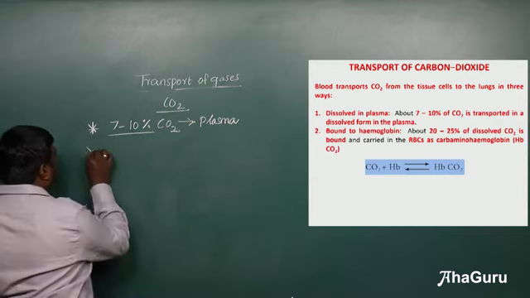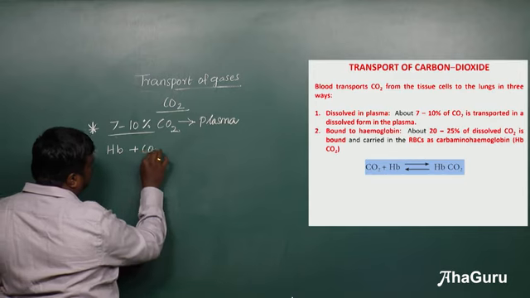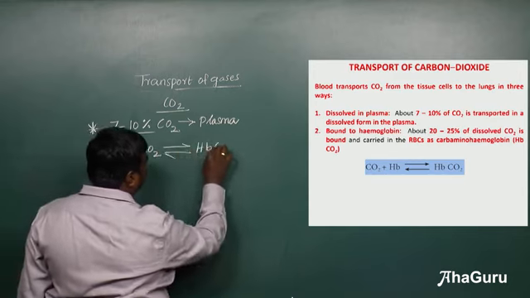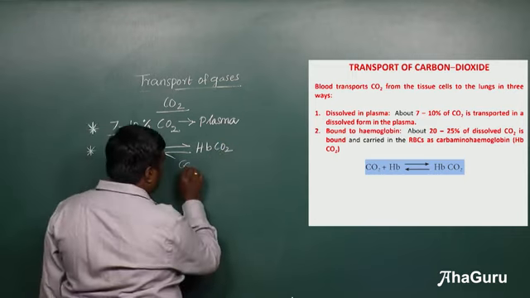It combines with hemoglobin and forms HbCO2. We call this carbaminohemoglobin.